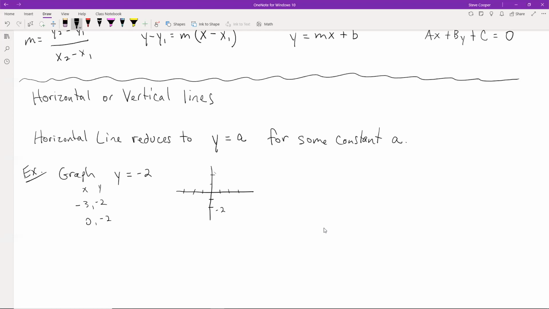If x is 4, y is -2. So no matter what, we maintain an output for y of -2. So that creates this horizontal line through -2, y equals -2. Okay, so this is our horizontal. Notice in a horizontal line that the x variable does not show up in the equation.